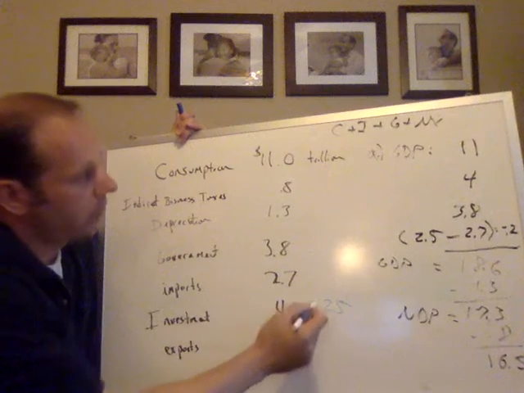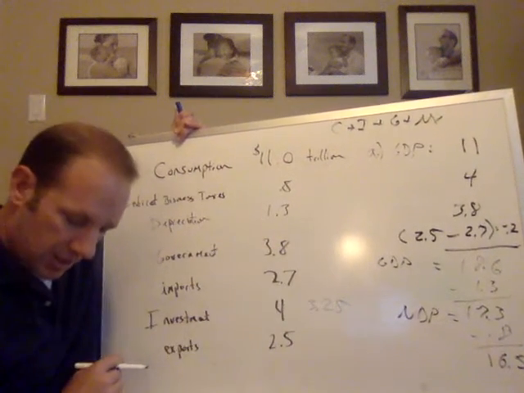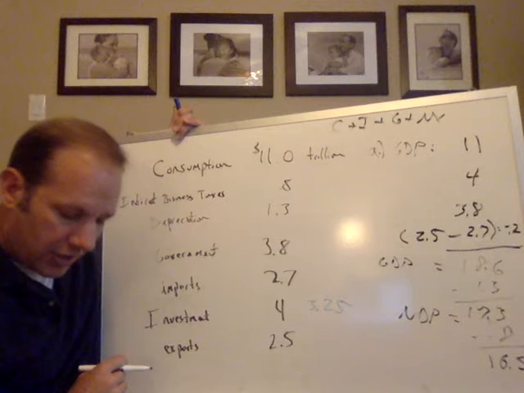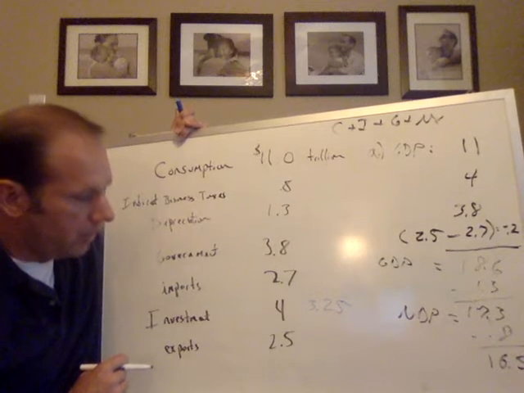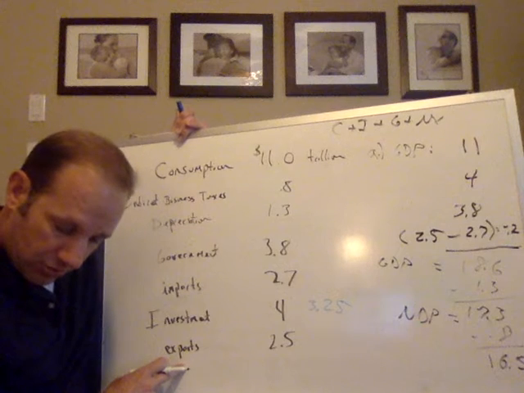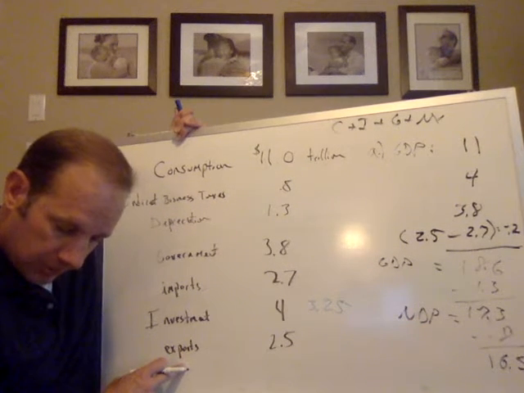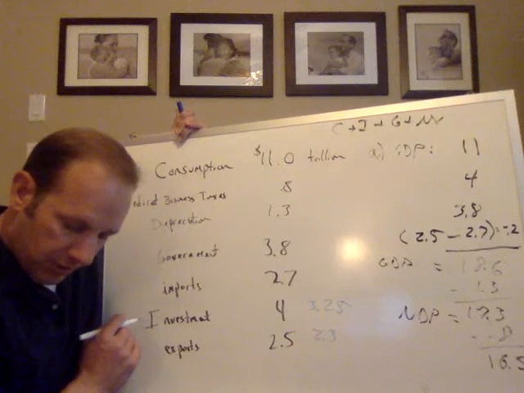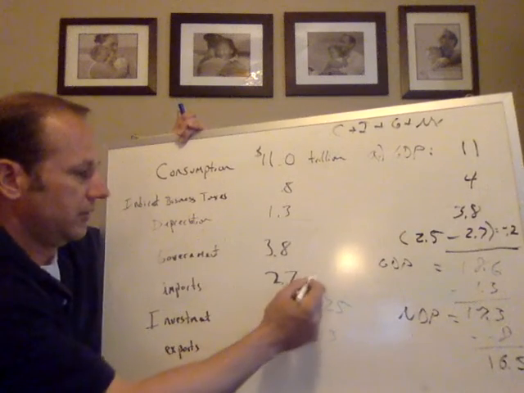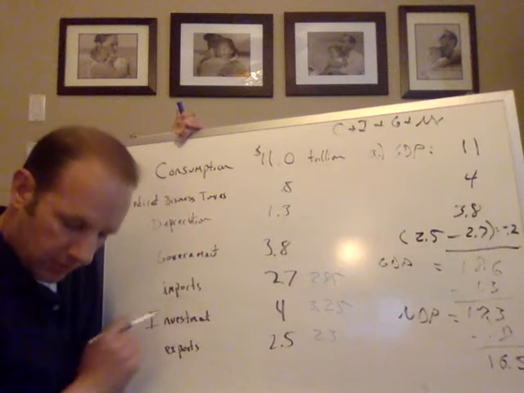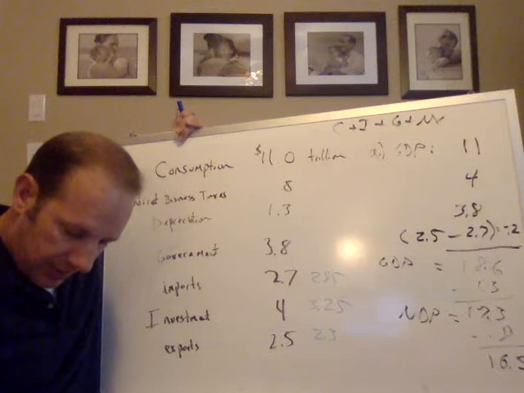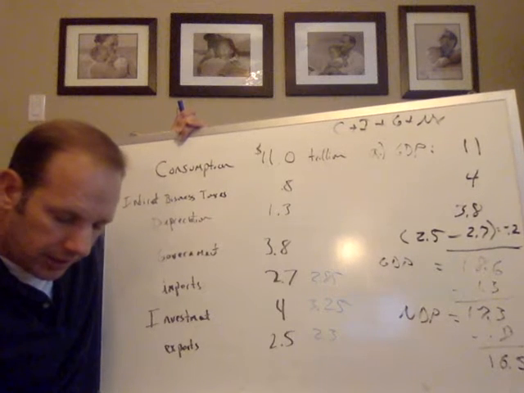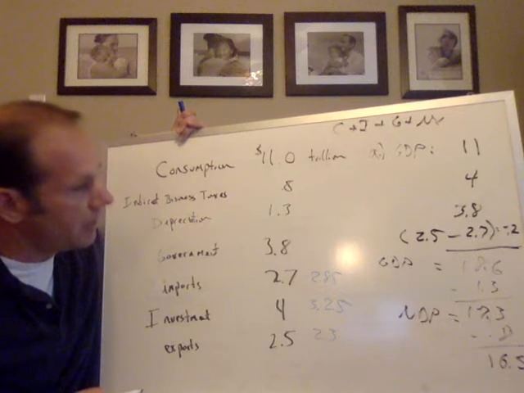Instead of 4, we'll go with 3.25 for letter B. And he kept the consumption the same, and he changed exports and imports. So he changed exports to 2.3, and he changed imports to 2.85. And I think everything else he says is the same. So it's just government and consumption remain the same.